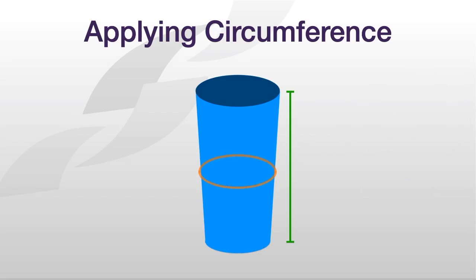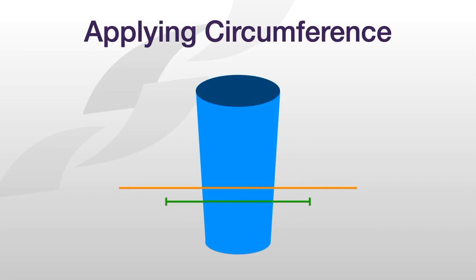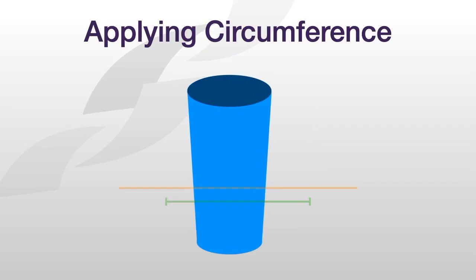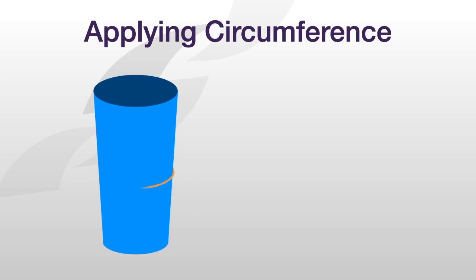First, let's show the answer to this problem visually. We can unwrap the string and compare it to the height of the cup. What may come as a surprise is that the circumference is significantly longer. Let's confirm our solution by doing some calculations.